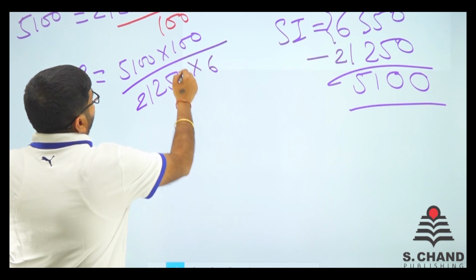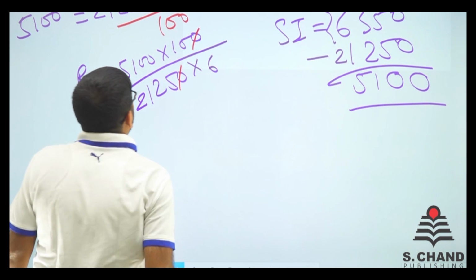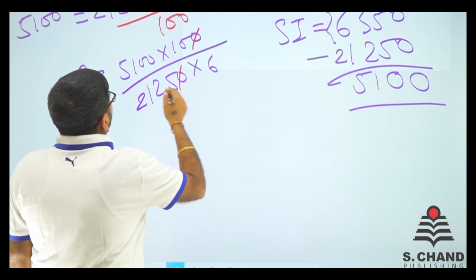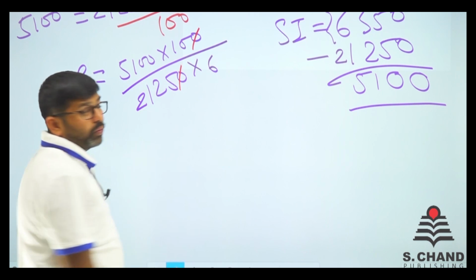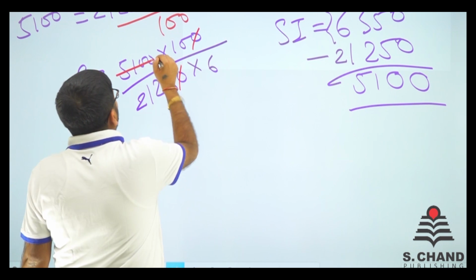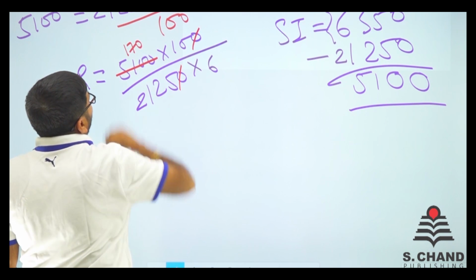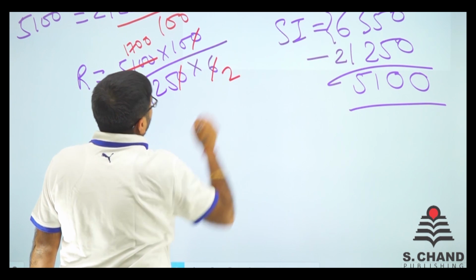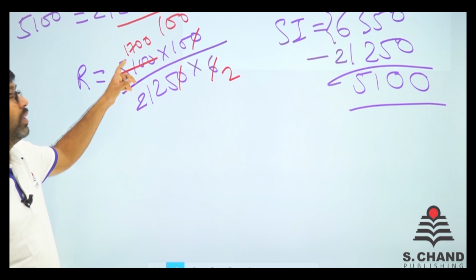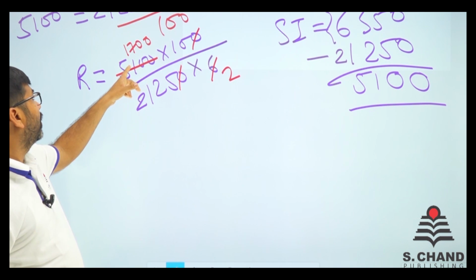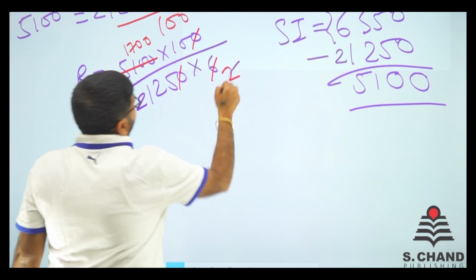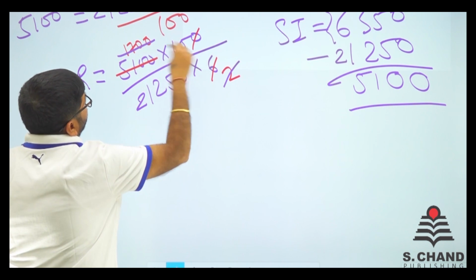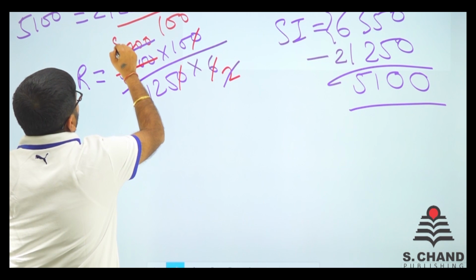Cancel 0 by 0. So 2125. We have to calculate it slowly. 2125 times 3 is 6375, which is 6 times... let's see: 5100 into 100 gives 510000, and dividing step by step, 1700 by 2 is 850.